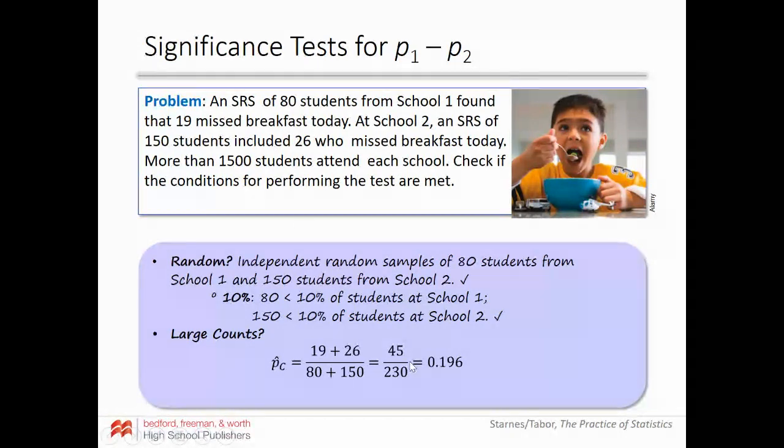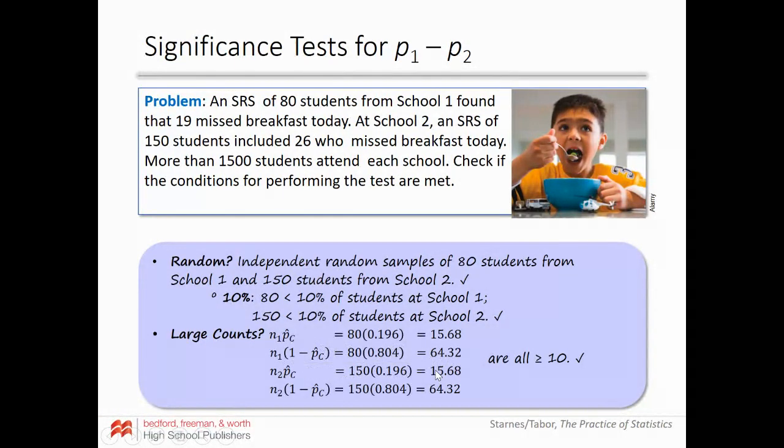For large counts, we're going to use that P combined value. So we add 19 plus 26 over 80 plus 150 to get a value of P hat C, which is 0.196. We're then going to take that number to find our successes and failures.